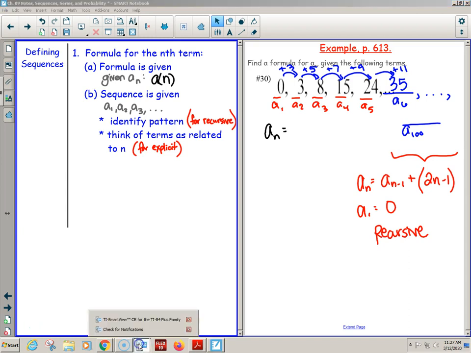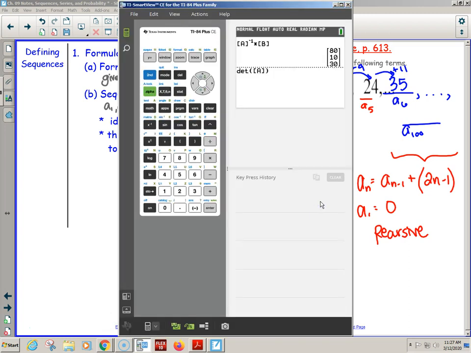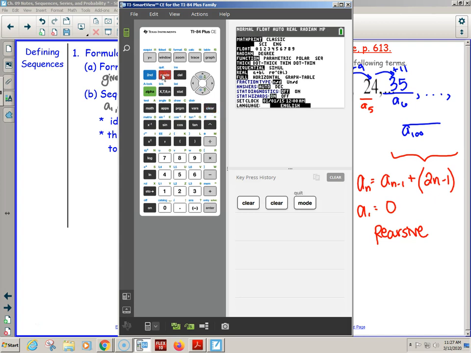So check it. I said mode, right? Okay, mode. Pre-cal, they're doing determinants and inverses. Okay, mode. You guys see the SEQ mode? There's function, we're going to see that one in a little bit, different chapter. Okay, this one, SEQ.